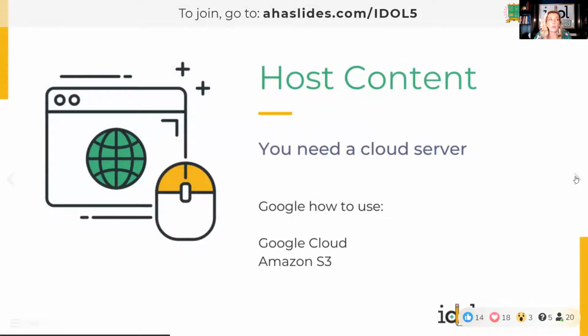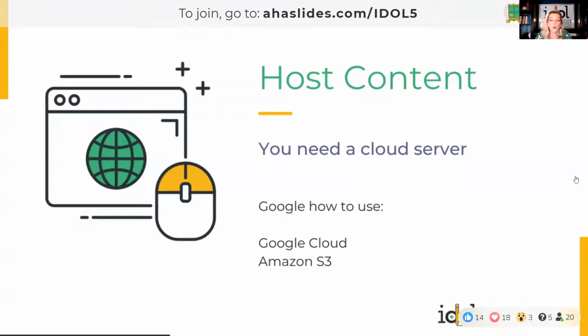Now, you may be wondering, how do I create an e-learning course in Articulate Storyline, and then host it on my website? Well, you're going to need a cloud server. And so it's beyond the scope of this training to teach you exactly how to set up a cloud server and put your files up there and then load it to your website. But there are a lot of step-by-step instructions out there.